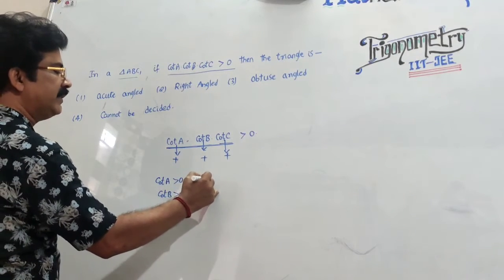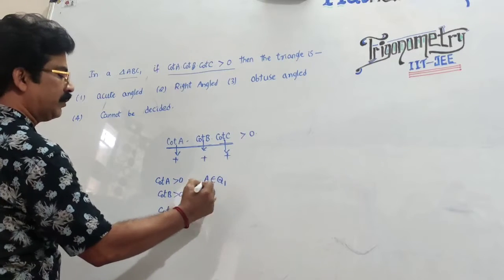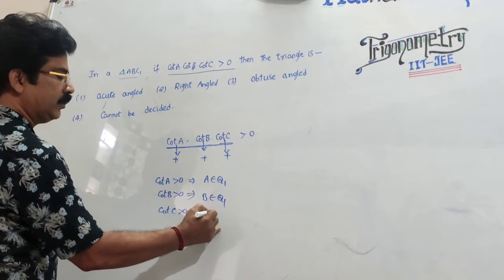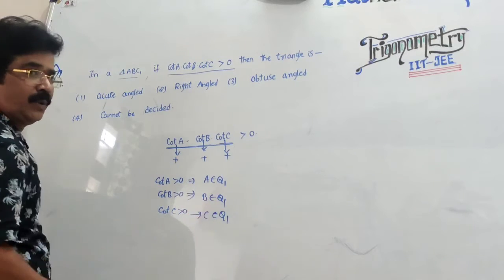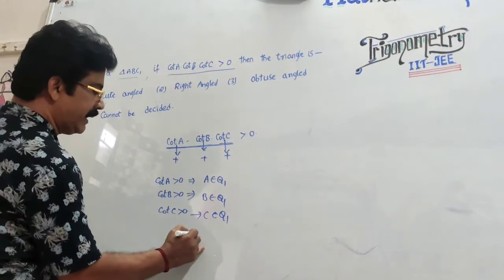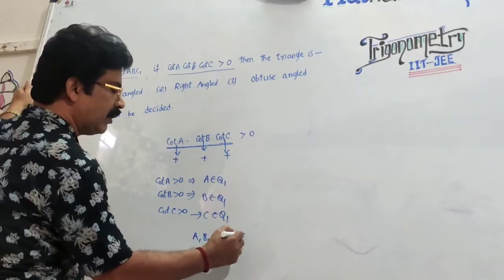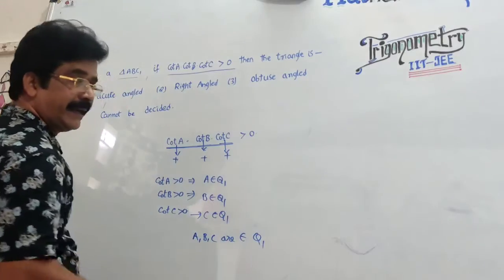Positive means A belongs to the first quadrant. Here also B belongs to the first quadrant, and here also C belongs to the first quadrant. So A, B, C belong to the first quadrant.